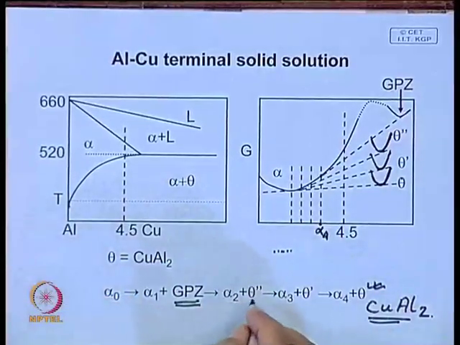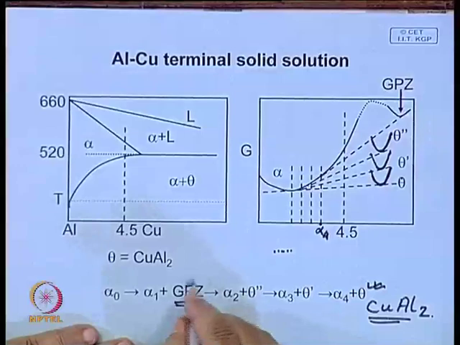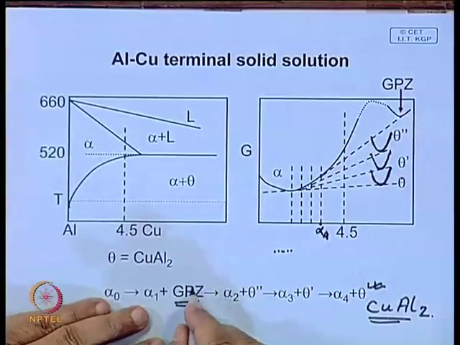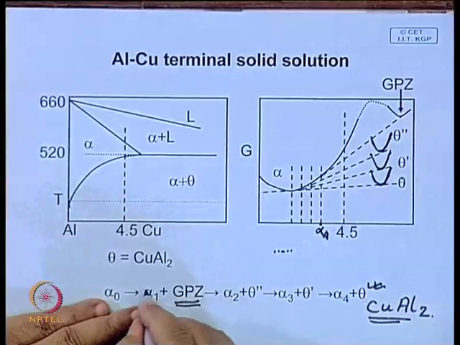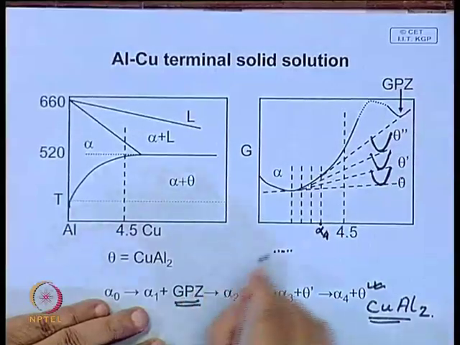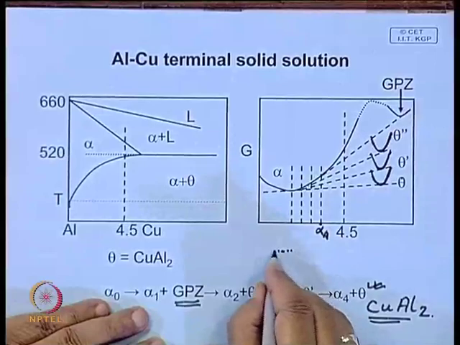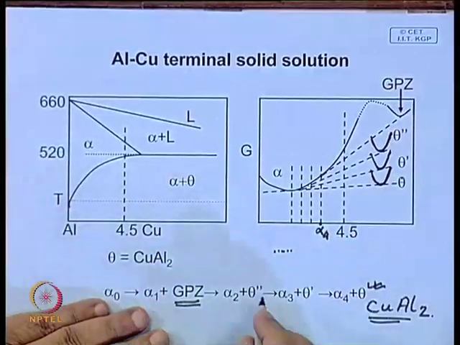Now, when these precipitates form, the first is just a cluster of copper atoms, whose crystal structure will be very similar: a collection of copper atoms also has a face centered cubic structure, and aluminum has a face centered cubic structure. But it is very thin, maybe one monolayer, just a cluster of a few copper atoms in the aluminum lattice.